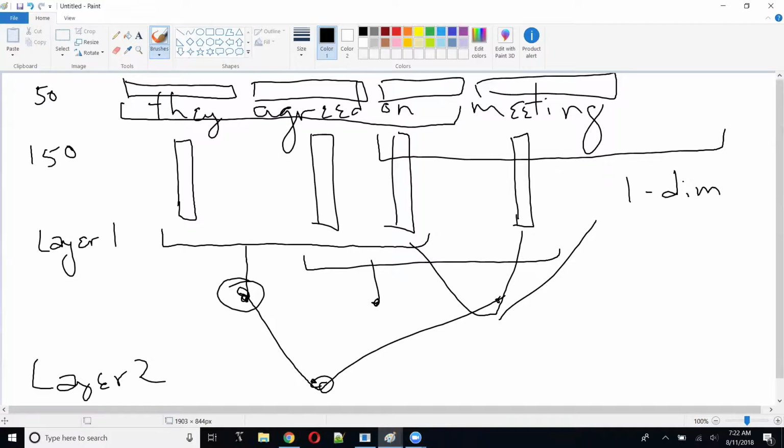Whereas in convolution, you're reading the whole thing at once. Timing matters less. Timing is taken into consideration with the receptive field of your neuron, somewhat, because each one looks at a small bit. They're basically looking at n-grams.